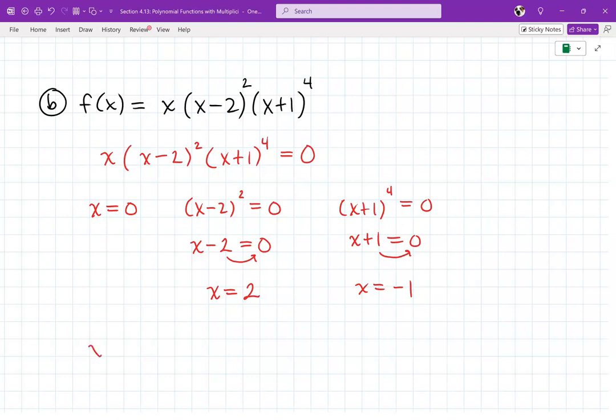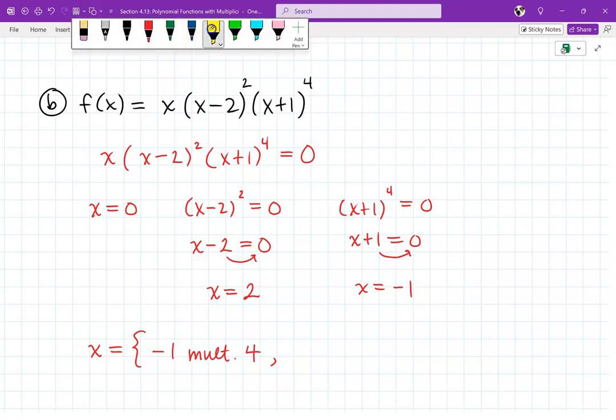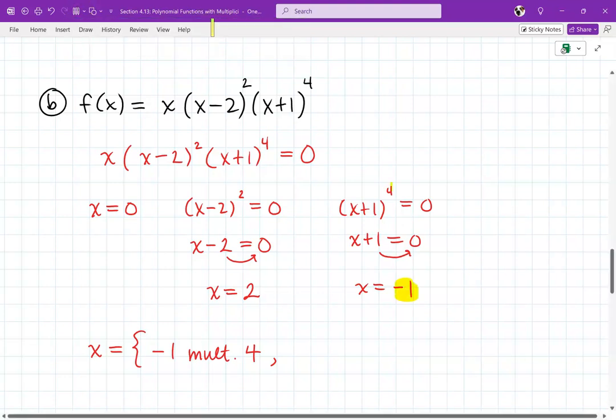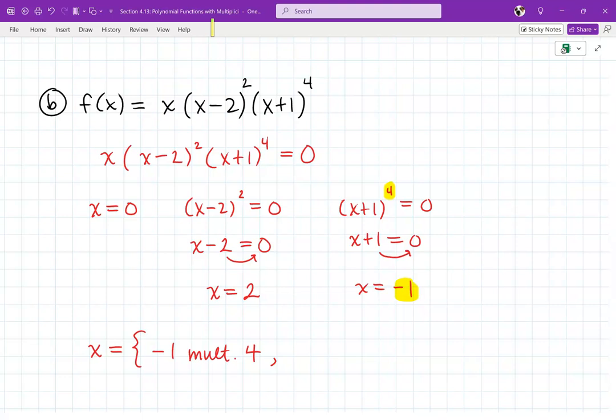So, we'll start off with -1 because we're going in order. -1 has multiplicity of what? 4, right? Yeah, so 4. That's the original power, and again, I'll highlight it here. So -1 multiplicity of 4. So we would say that -1 has even multiplicity, right? Because it's a multiplicity of 4.